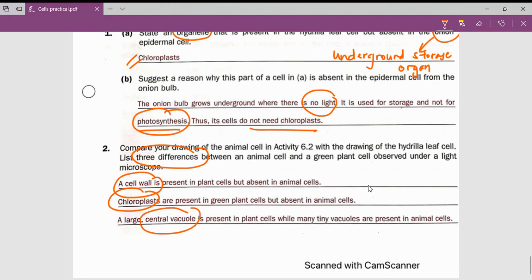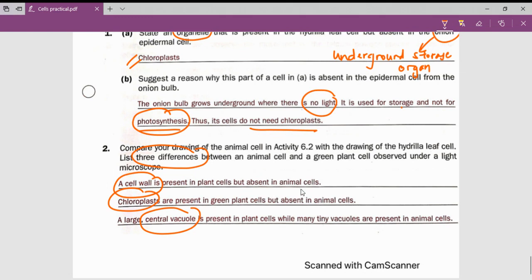You also can talk about the shape. You can say the animal cell is circular, while a plant cell is angular. Or you can say a rigid cell wall in plant, while in animal cell there is absence of cell wall.